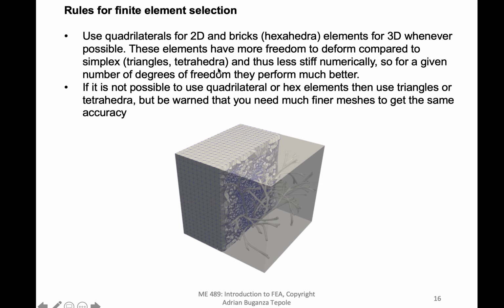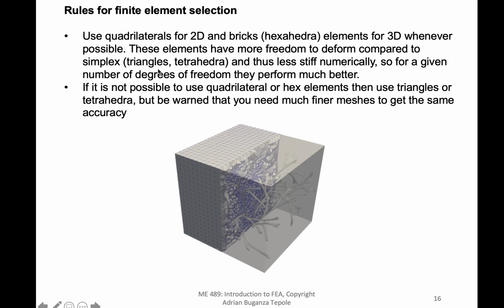Now the problem is that these elements, these triangles and tetrahedra, are stiff numerically. So they have fewer degrees of freedom compared to the quadrilateral and the brick elements. So what this means is that you actually need much finer meshes to get a good solution from these elements. So you can use them.